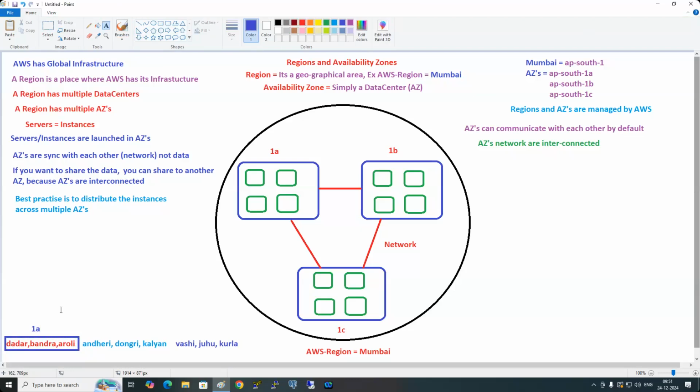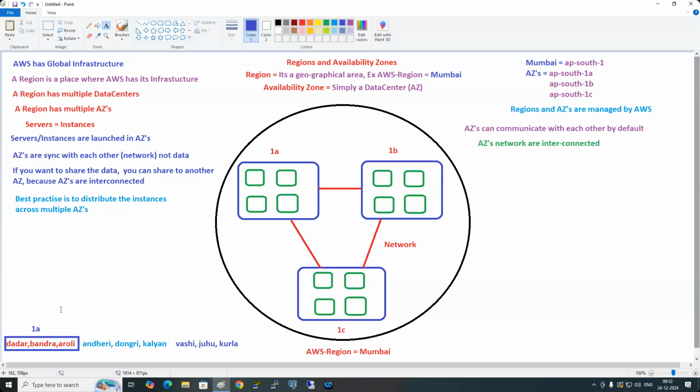So now tell me, 1A, till now what we learned, we thought 1A meant one data center. But is 1A one data center or multiple data centers? Multiple data centers. As it is multiple data centers, is there any chance that 1A will go down anytime? No way at all. In all these years I was using it, I never saw an availability zone go down till now.